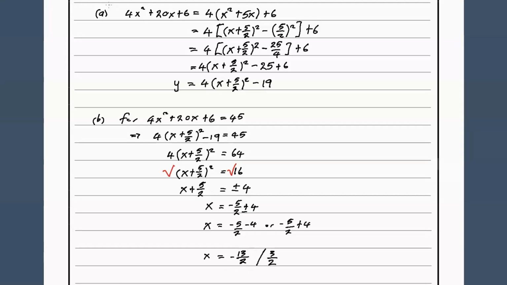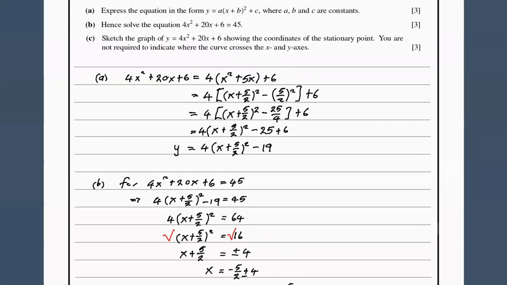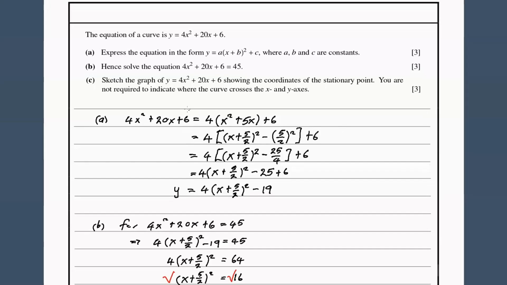So these are the possible answers of x. That's how we solve the equation right there. On part C, they say, sketch the graph showing the coordinates of the stationary point. Okay, sketching. They also say you are not required to indicate where the curve crosses the x and y axis. All right.